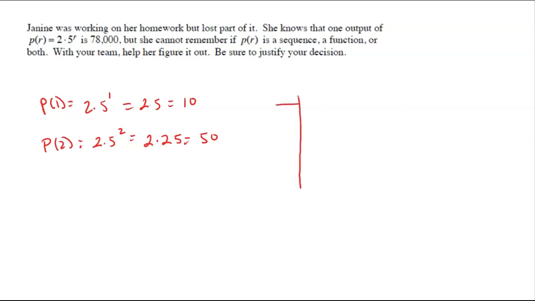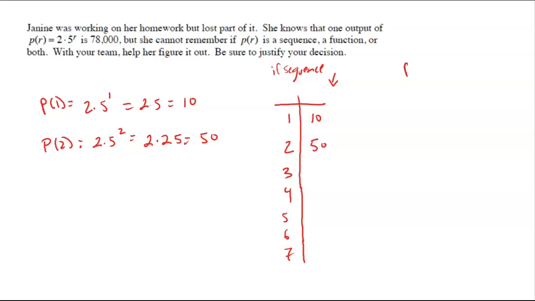So if it's supposed to be a sequence, I know that I'm going to plug in an actual integer and I'm going to get out 78,000. So if it's a sequence, it will be in this column. So 5, 6, maybe 7, right?